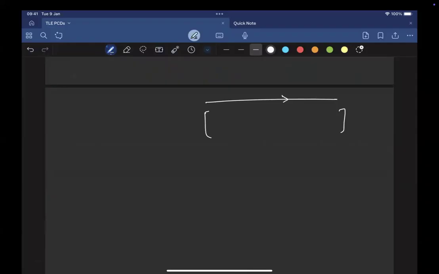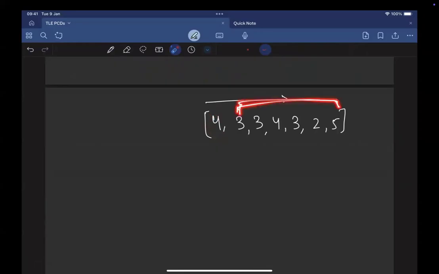For the first element, let's say it is something like 4 3 2 5, I would like to check what is the smallest element that this 4 can be replaced with. If I can find even a single subarray which has 2 as a majority element, then I can definitely replace this 4 by 2. Similar thing is applied for 3. Similar thing is applied for 4, and so on.